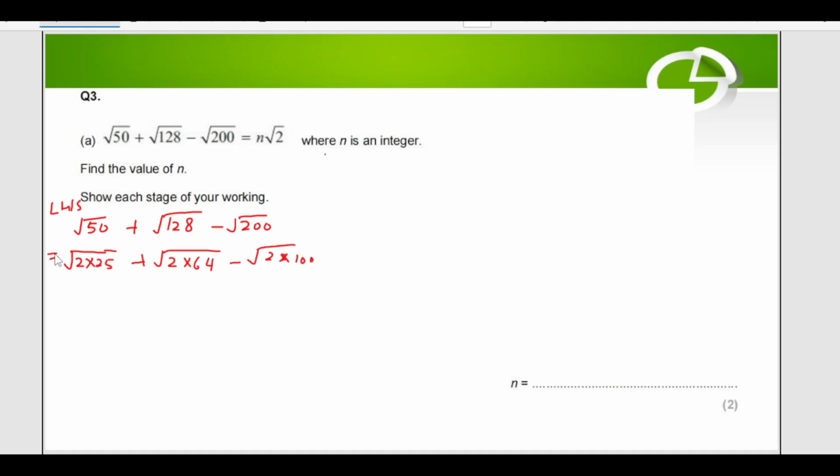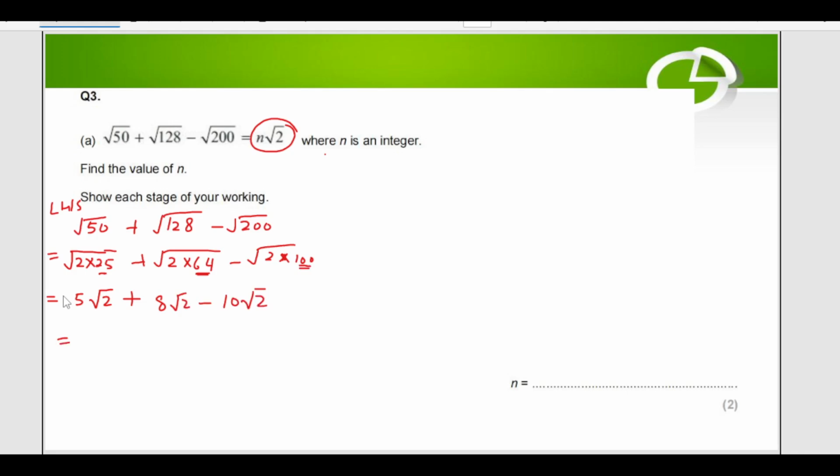Why I got this idea: as you can see on the right hand side we have square root 2, so we will divide each by 2. Now square root of 25 is 5, root 2 remains as it is. Then square root of 64 is 8 square root 2, minus, then square root of 100 is 10 square root 2, right?